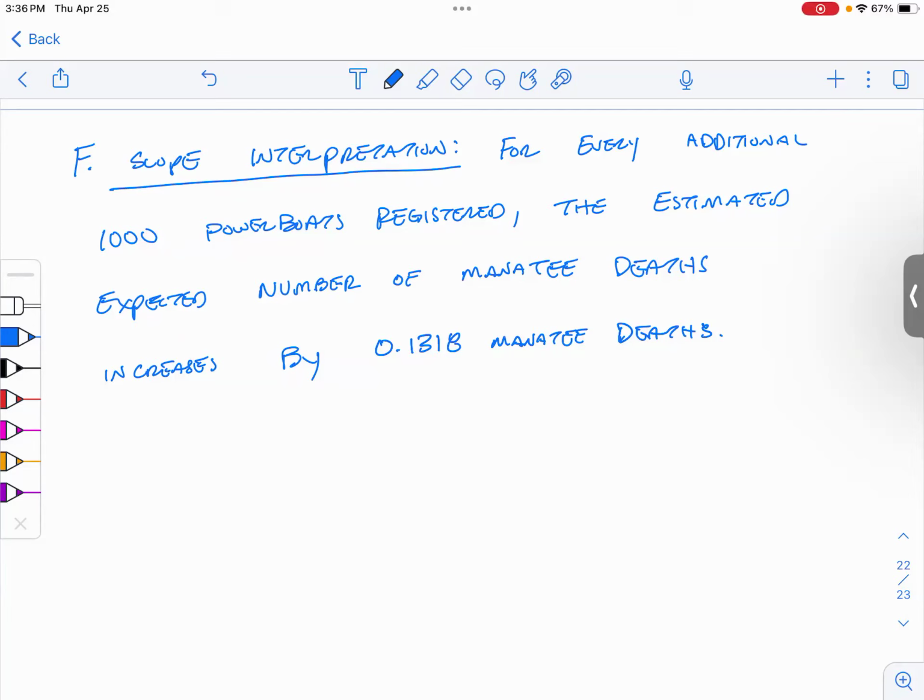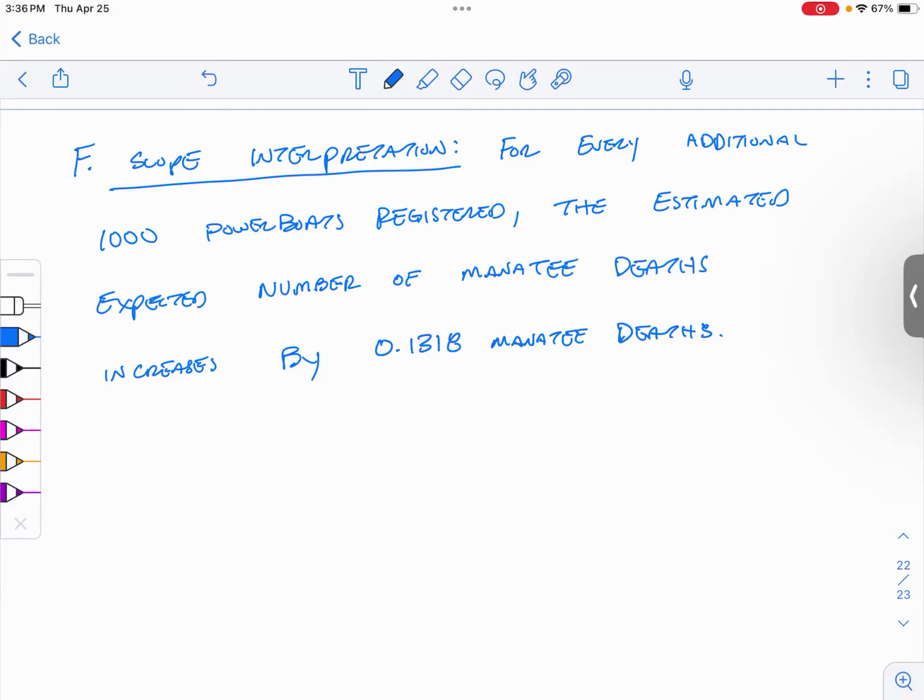And also I kind of disagree, because a powerboat is a toy. Manatees are important. Don't get lost in, oh, well, the numbers don't seem that bad. There are a lot more powerboats than there are manatees out there. But that is the interpretation.